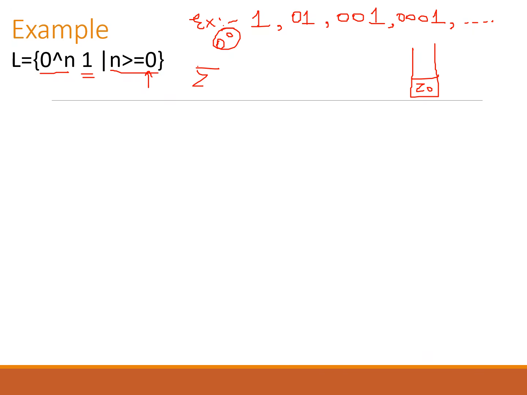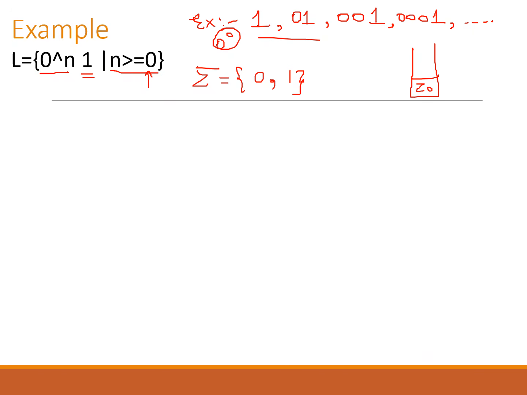The input alphabet set here is 0 and 1. The string is formed of 0 and 1. And what we place on the stack, we can decide. So we say that for 0, we will use 0, and for 1, we can use 1.